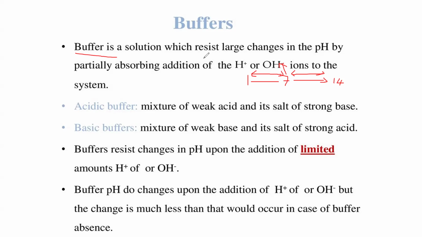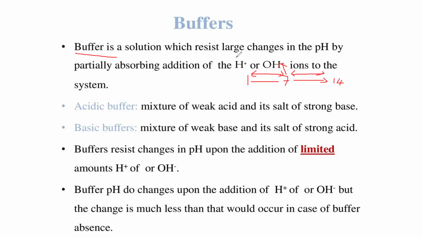So the stomach is highly acidic, while the mouth is partially alkali. Now the question is, sometimes some of the food that we take or some of the microorganisms that get into our body tend to alter the pH of our system.